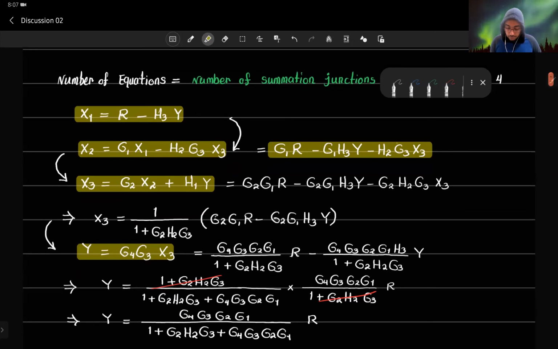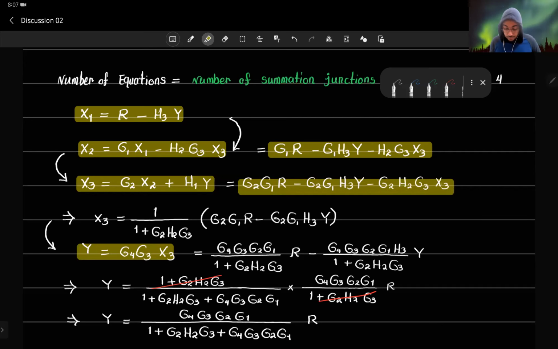This is now x2. If we substitute this expression into the third equation, we get this equation here. Again, it's just direct substitution.